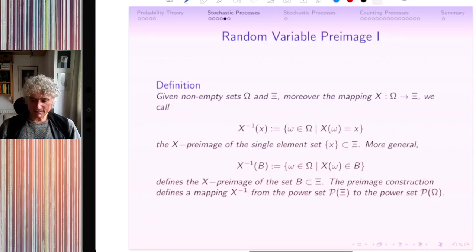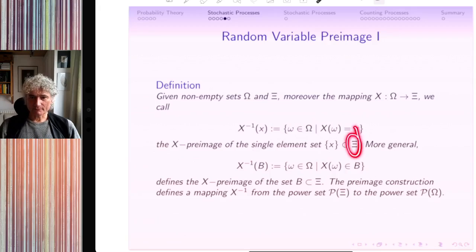So this is defined by all omega in the sampling space such that the random variable applied to such an element of omega is exactly some observation x, which lives in the numerical observation space, or let's call it observation space capital Xi. This is called then the pre-image of the single element set x in this observation space Xi.